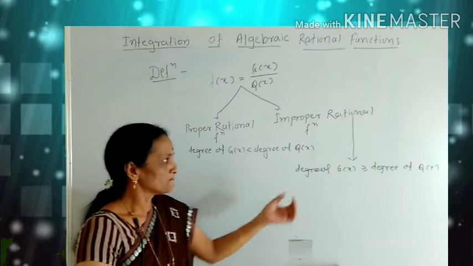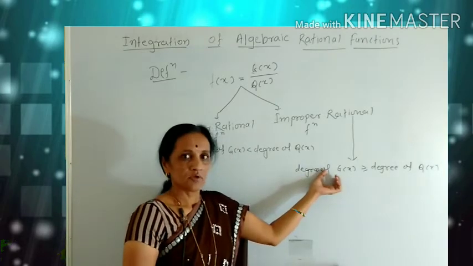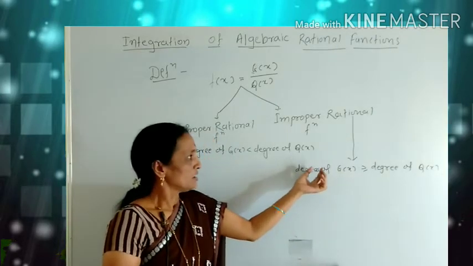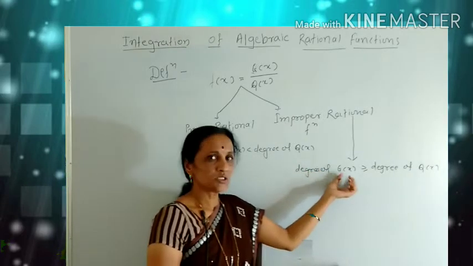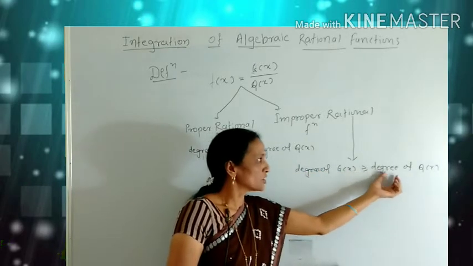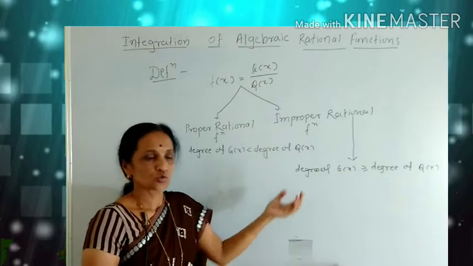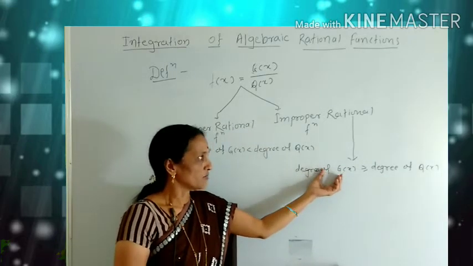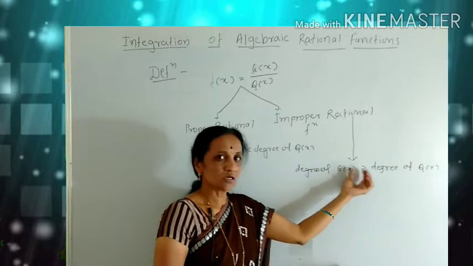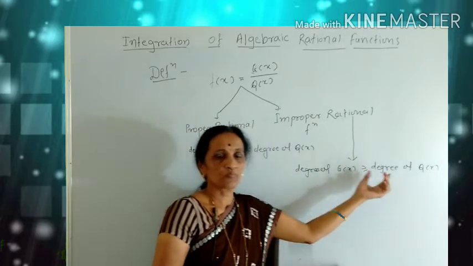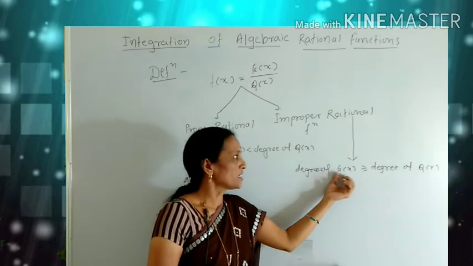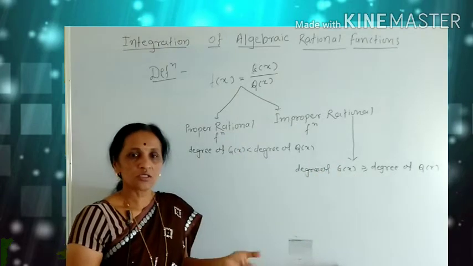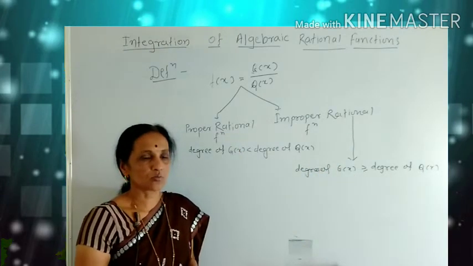Now here, if in your function the degree of g(x) is greater than or equal to the degree of q(x), first we divide g(x) by q(x) and find a function such that the degree of the numerator is less than the degree of the denominator.